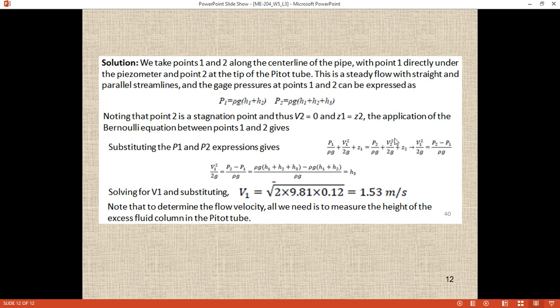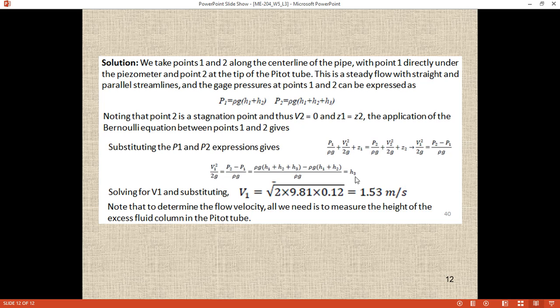V2 is 0. So P2 minus P1 over rho g is equal to V1 square over 2g. So V1 square over 2g is equal to P2 minus P1 over rho g. We simplified that. P2 we calculated, P1 we calculated, and P2 minus P1 over rho g is equal to H3. So V1 square over 2g is equal to H3.